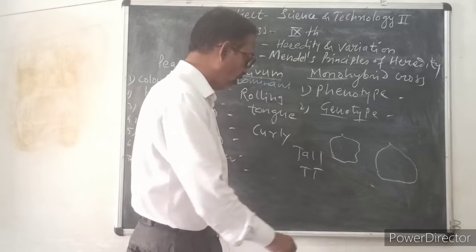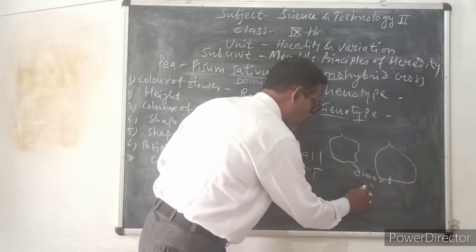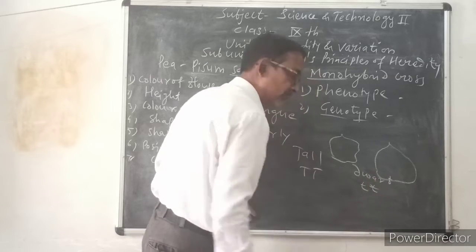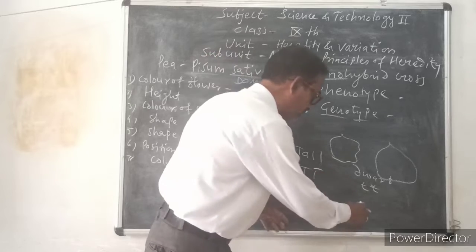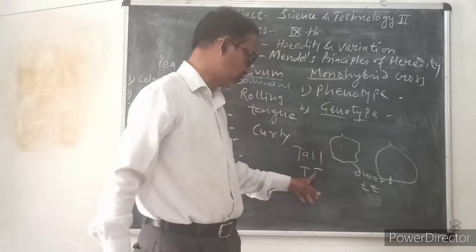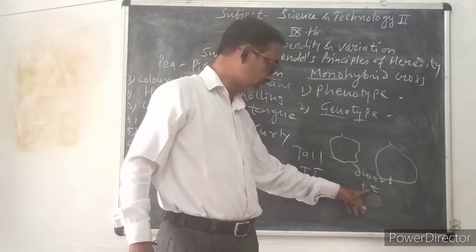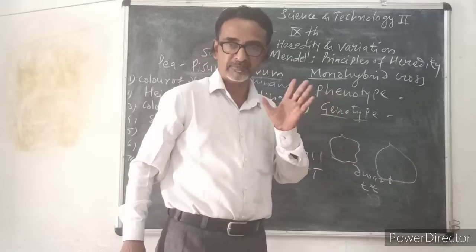Or a short plant or dwarf plant is shown by small t. Don't show it as small d for dwarf. So short is shown by small t. So it is called genetical appearance.